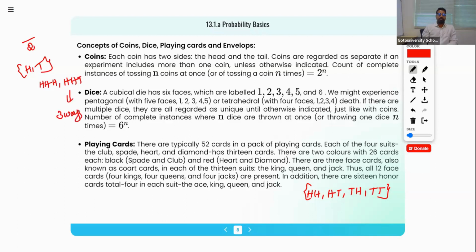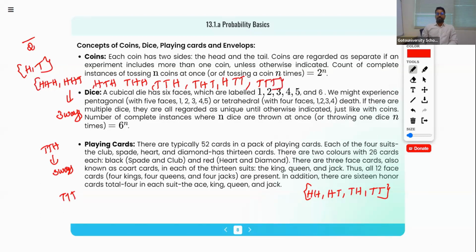I can write head tail tail, tail head tail, tail tail head. Now, two heads, one tail can also happen in 3 ways. I'll write that as well: head head tail, head tail head, tail head head. Last one, all are tails. That can happen only one way. Now, can you count how many ways we have?